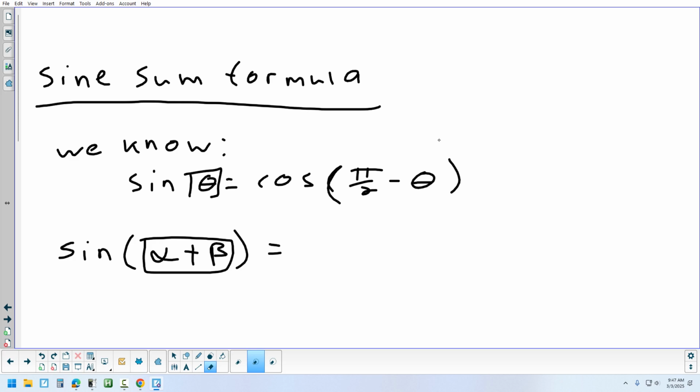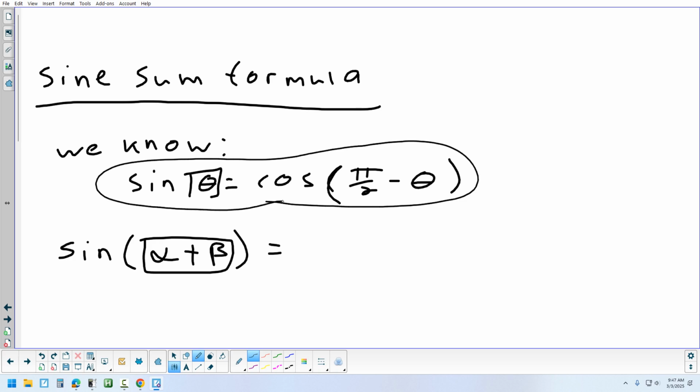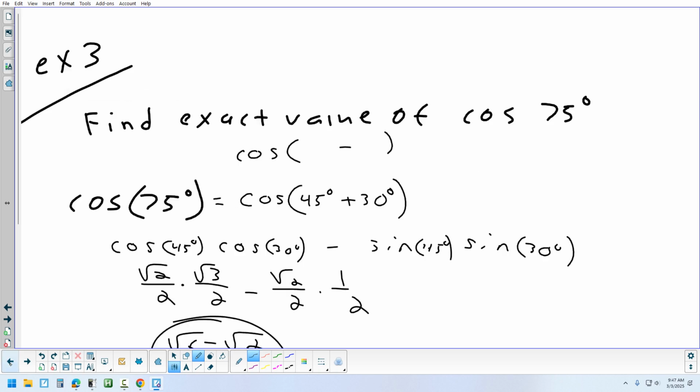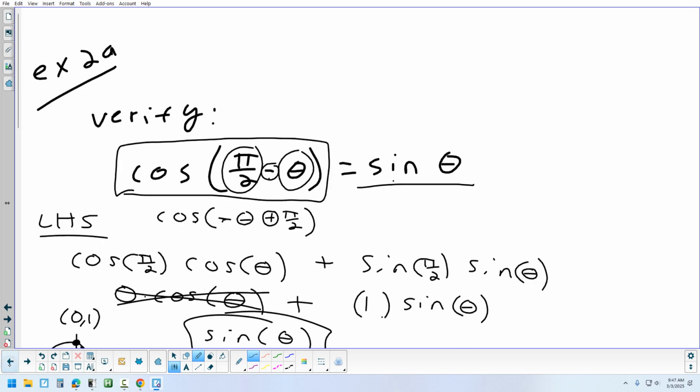Because of that connection, because sine and cosine are very similar, we can figure out the formula for the sines because we already know the formula for the cosines. We could prove this, okay? And we've done one very similar. In fact, did we prove that one? Not quite. We proved something a little bit different.